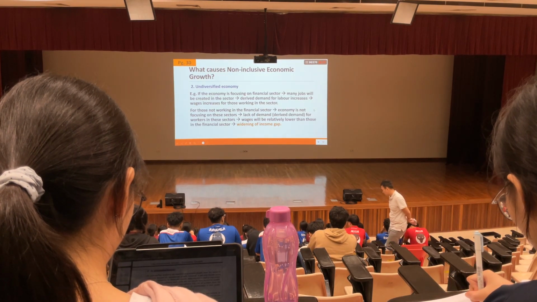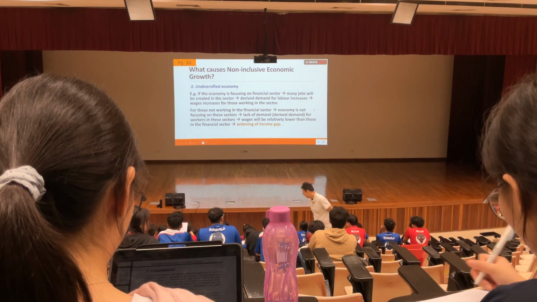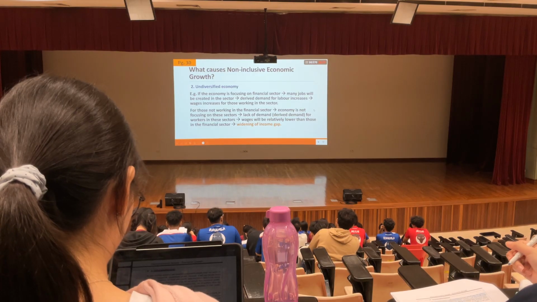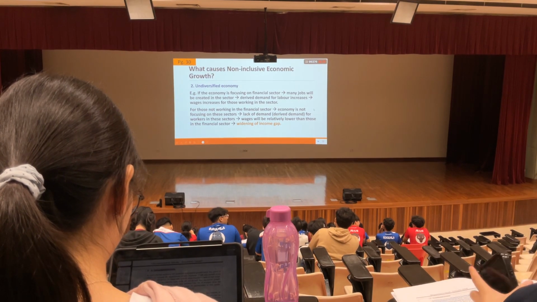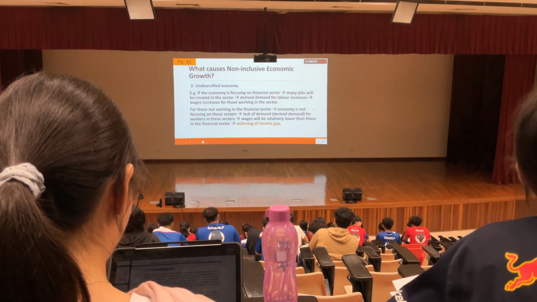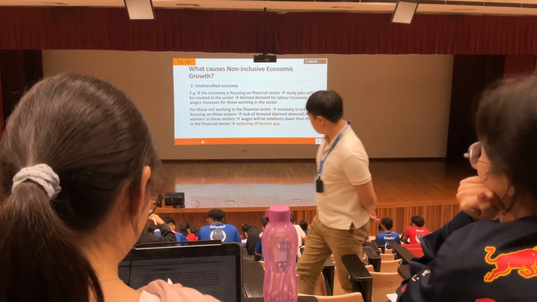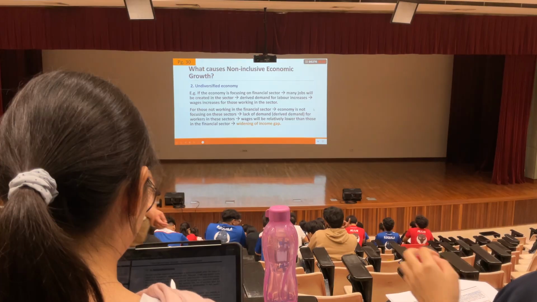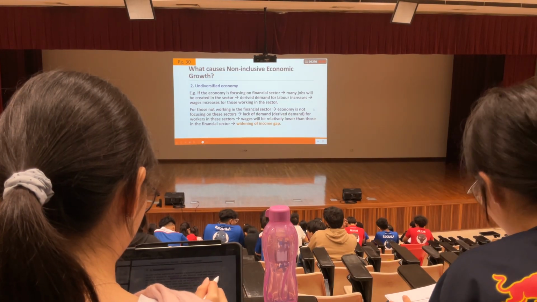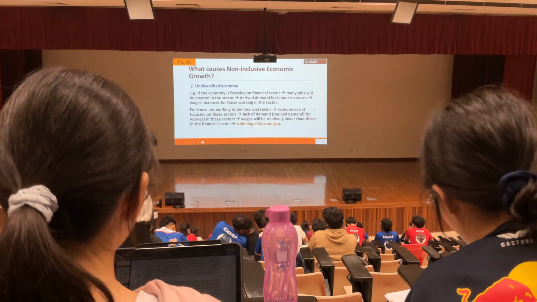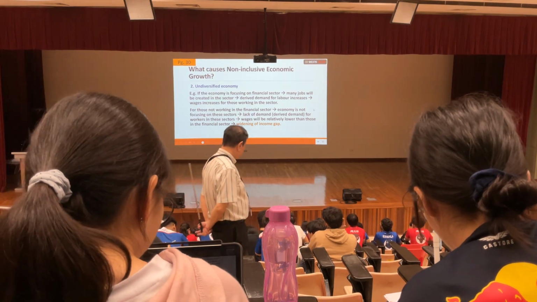So for those that are not working in the financial sector, the economy is not focusing on these sectors. Okay, so there's a lack of demand for workers in these sectors, so your wages are relatively lower compared to those in the financial sector that the government is focusing on. So this would mean that you have a widening income gap.